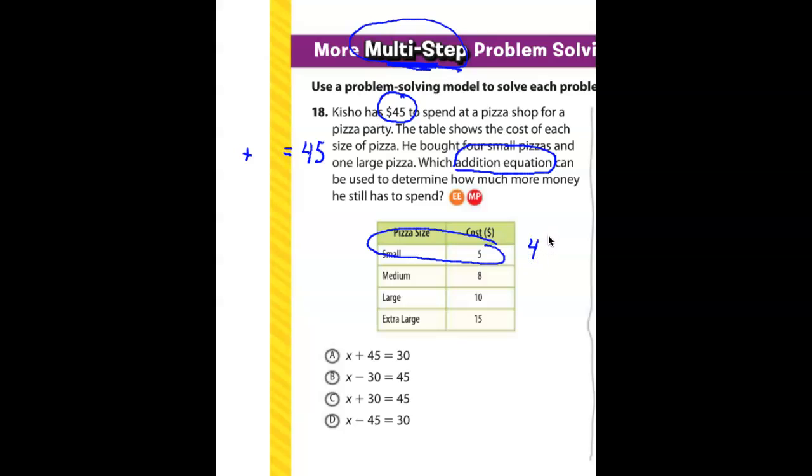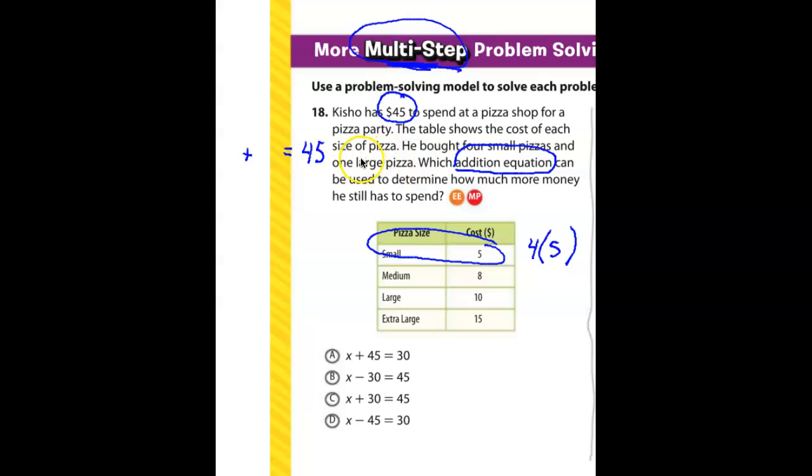What operation is that going to be if I have 4 groups of this amount? Answer that for me, please. Very good. That is multiplication. You could solve it with addition, but the easiest thing to do is what repeat addition is, which is multiplication. So that's going to be 4 times 5.